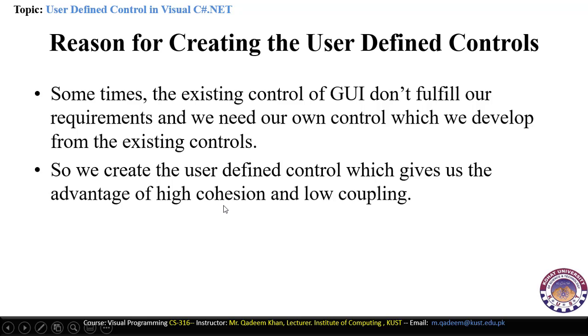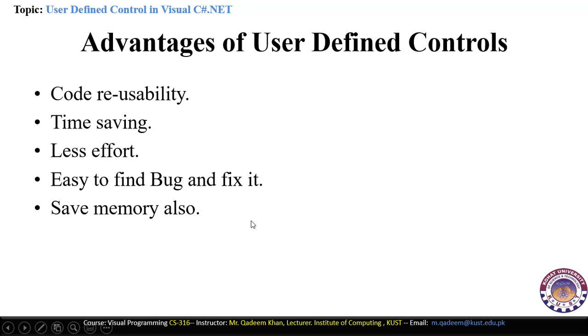High cohesion means that the different components are highly cohesive; the functions are logically related here. Low coupling means that they are independent from each other. They are not dependent, so the dependency is resolved by low coupling here.